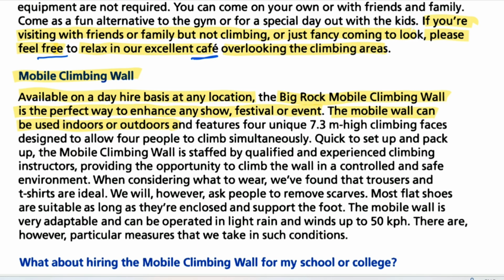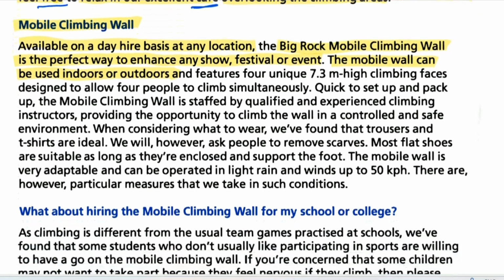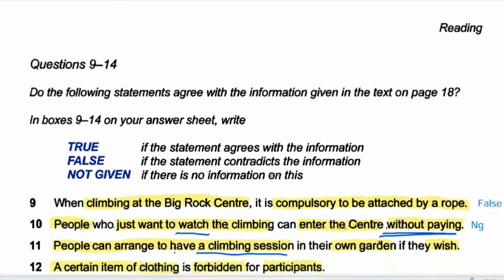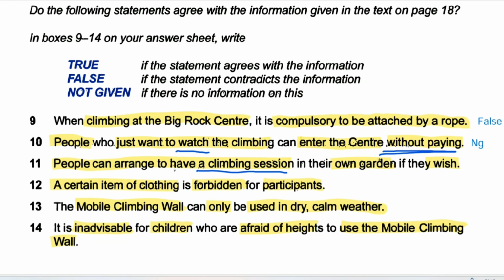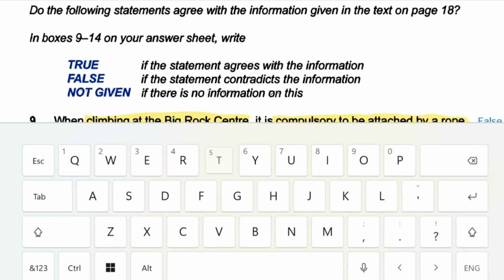The mobile wall can be used indoors or outdoors. So guys, this mobile climbing wall can be used indoors or outdoors. Can I say indoors, outdoors is nothing but it can be used in the garden as well. So the question and the sentence, they both are saying the same thing. So therefore the answer is true.